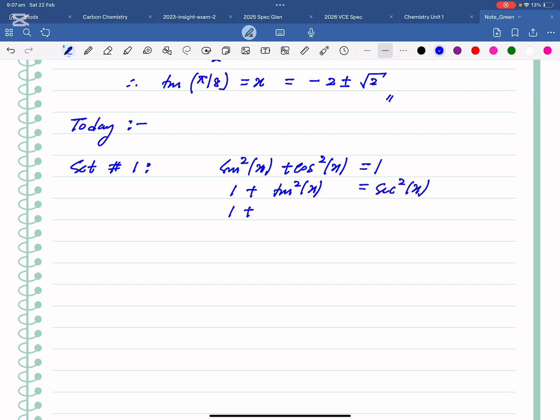Also we had 1 plus cot squared x is equal to cosec squared x. Now I remember this. Why? Because I see the patterns, 1, tan, 1, cot, those things, and I can immediately divide by sine squared. When I know that's going to be 1, then I divide this by sine squared, then I know it's going to be cot. So from the first one, I can quickly get these things in my mind. So I don't remember these things. I know the process.